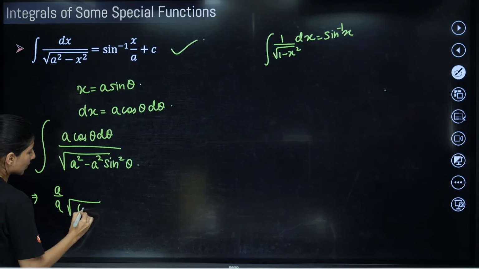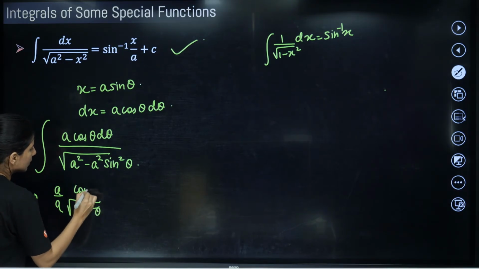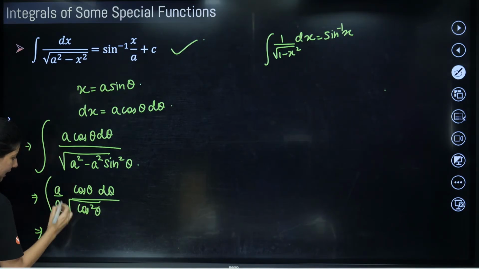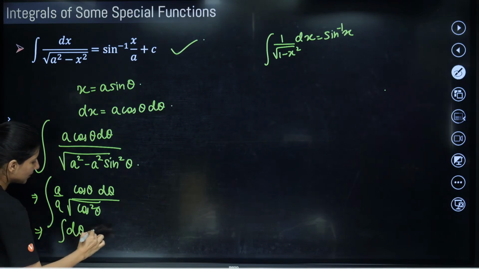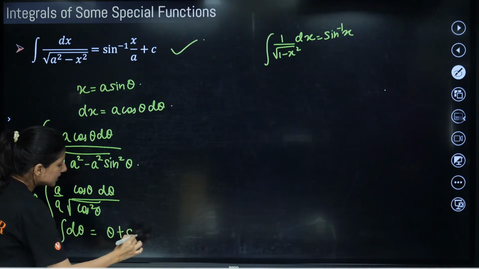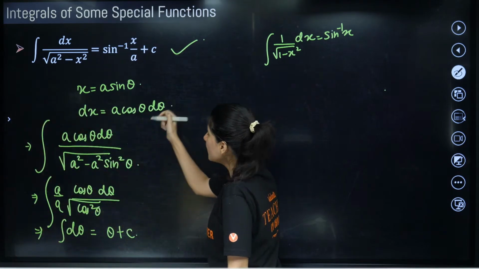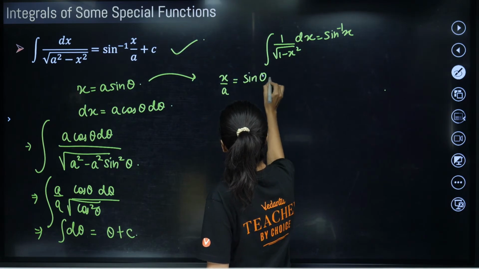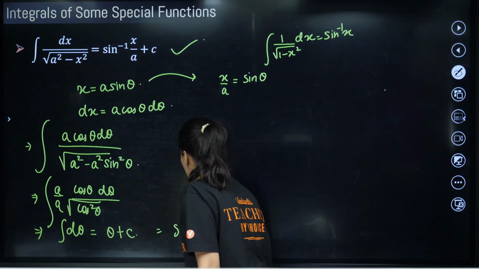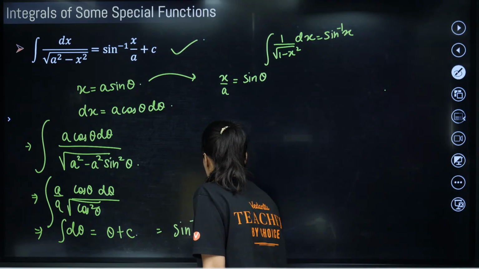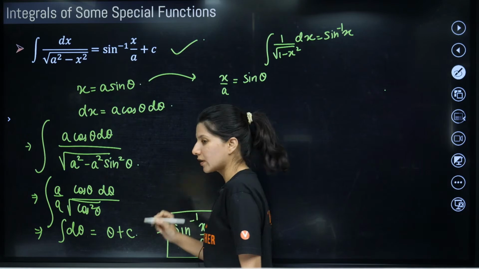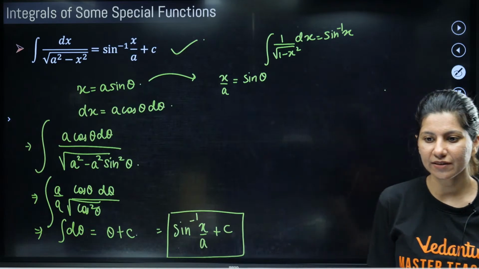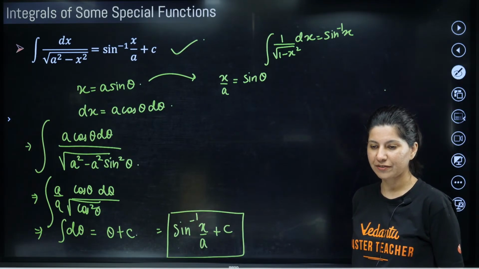Square root of 1 minus sine square is cos theta. This is again cos theta d theta upon integral. Cos theta cancels, a cancels, so this actually comes out as d theta. The integral of d theta is theta plus c. What is theta? From here, x upon a is sine theta. So theta will be equal to sine inverse x upon a plus constant. Okay, all right, clear? Any doubts in this? Any confusion? Perfect.